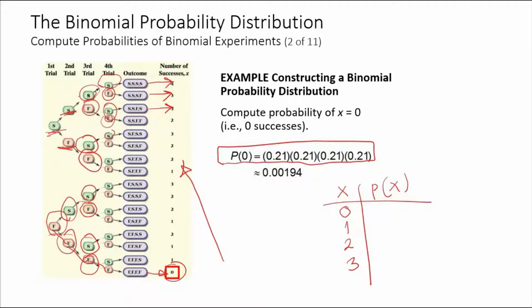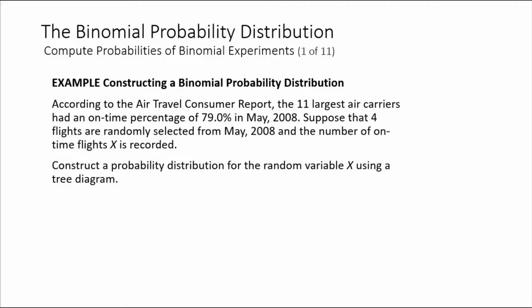So the first, we know that the chances of success are given in the question, which is 79%. That means the failure, 1 minus p, is going to be 1 minus 0.79, which is equal to 0.21. So that is the chance of failure.